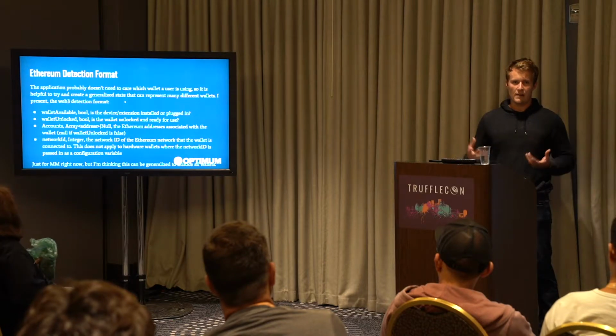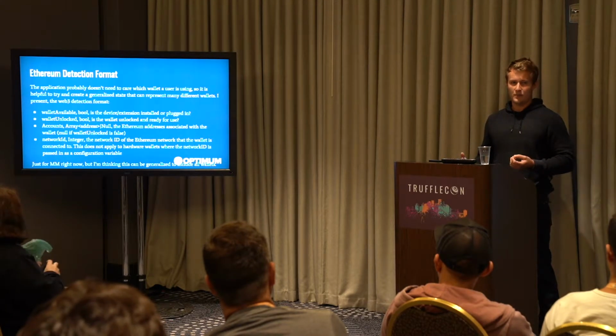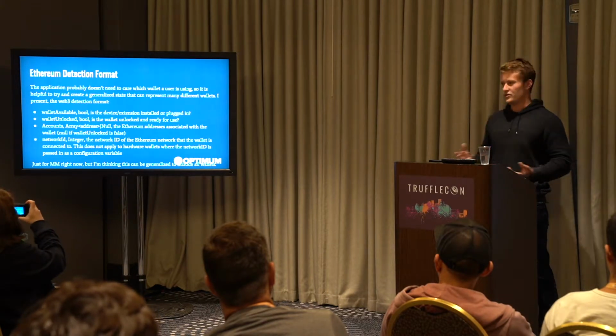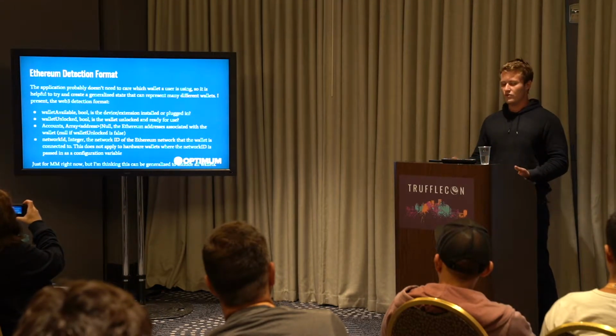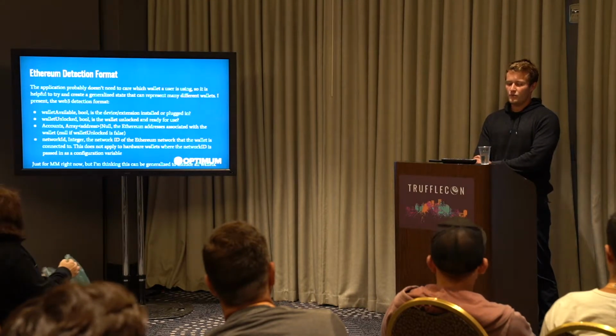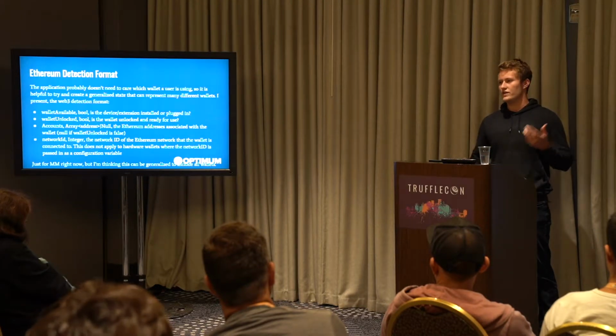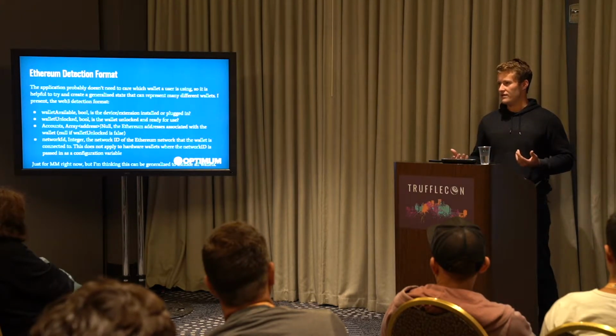Essentially the idea is that your dApp probably doesn't care which wallet a user is using. Your dApp probably just wants to send information to it and have the information be signed or reviewed or submitted or what have you. So the idea is that you make one function call and you get the full configuration of whatever wallet it is that exists.